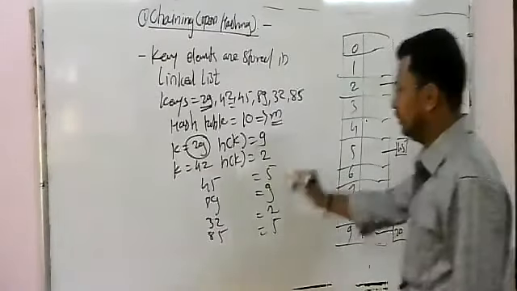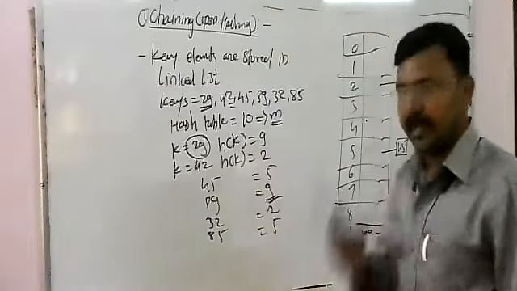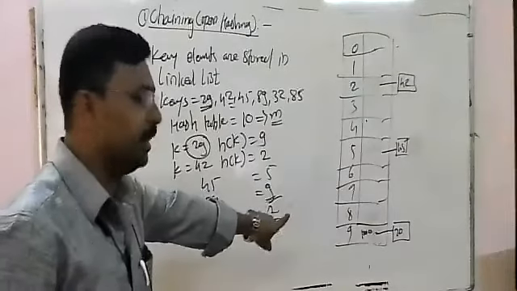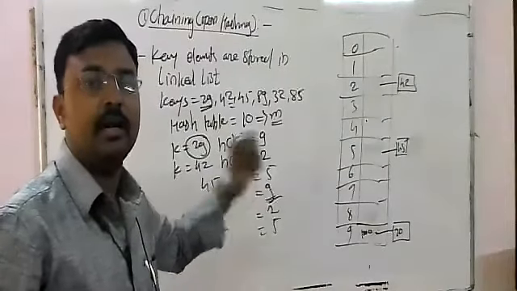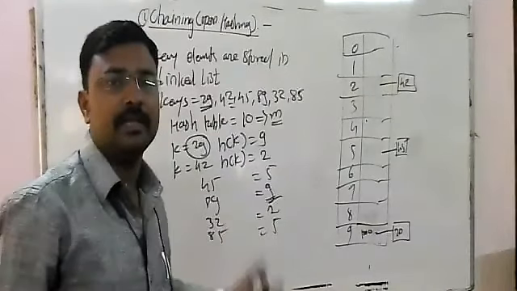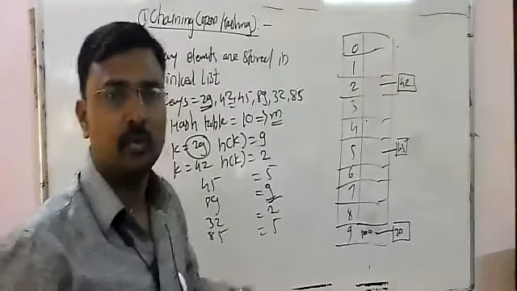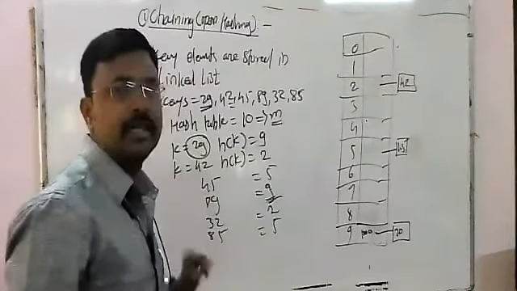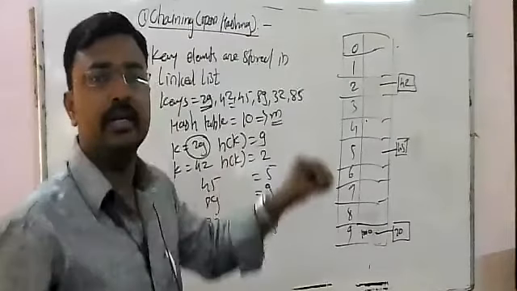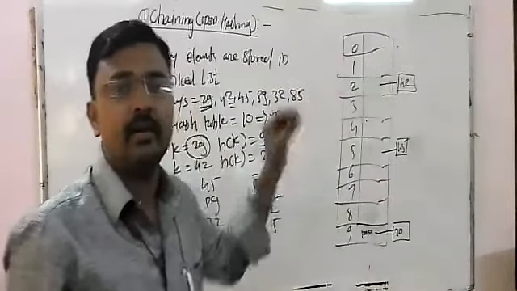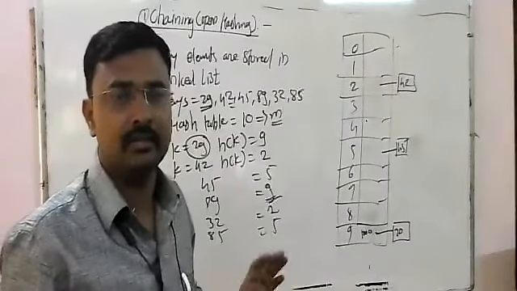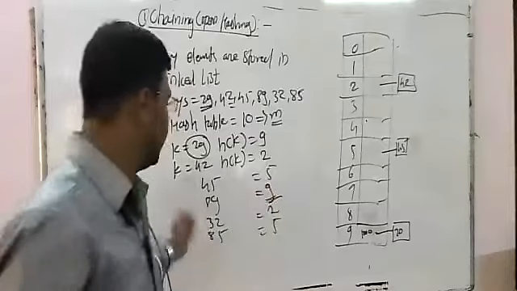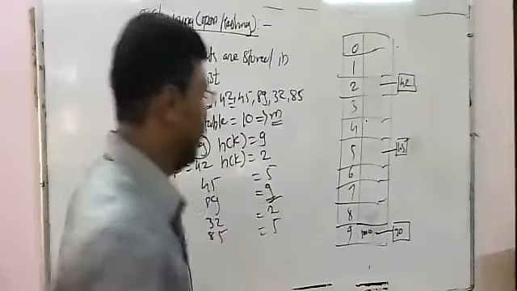Then 89. Now 89 is going to be stored at index 9, but there is already one element present at index 9. So what we are going to do is insert this element at the beginning of your linked list, before the 29.